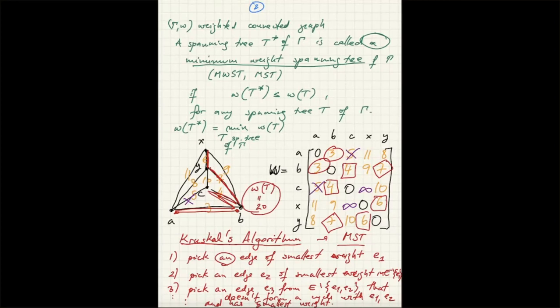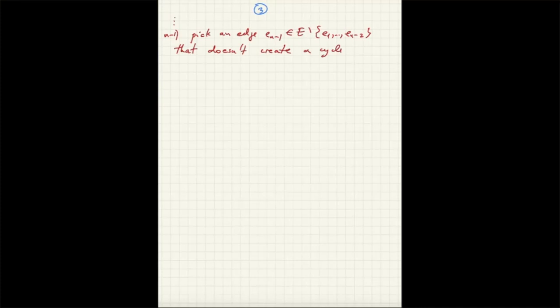Now, coming back to the description of the algorithm in general. Like I said, it goes on like this, and in step n-1, pick an edge e n-1 in E minus the previous edges that does not create a cycle and has smallest weight.